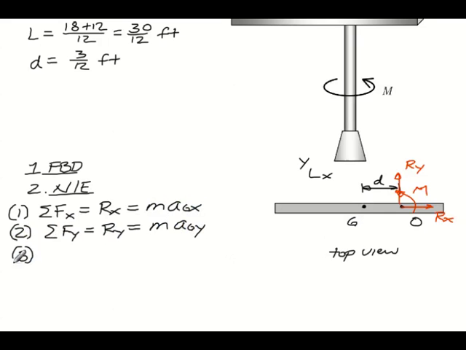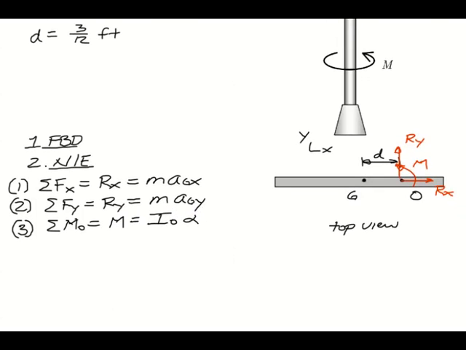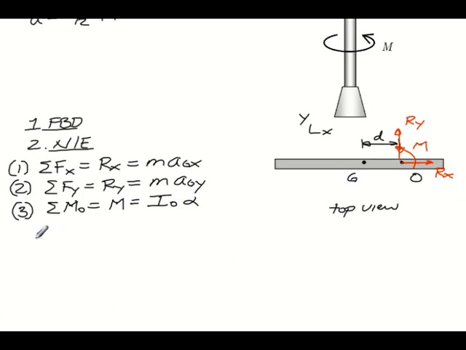In the moment equation, we could either use G or O. I'm going to choose O. The only thing that's causing a moment about O is our applied couple M, and that's equal to the mass moment of inertia about O times the angular acceleration of the bar. But by choosing O, we need to use the parallel axis theorem to find out what IO is.